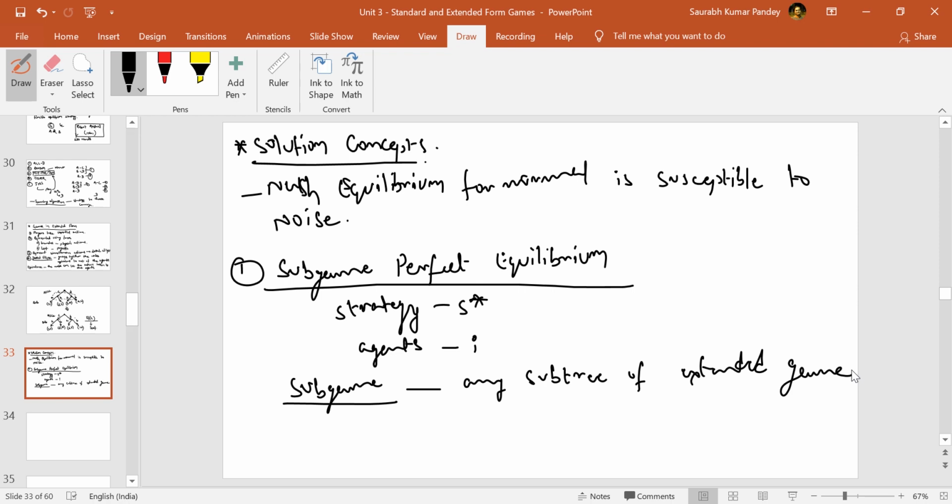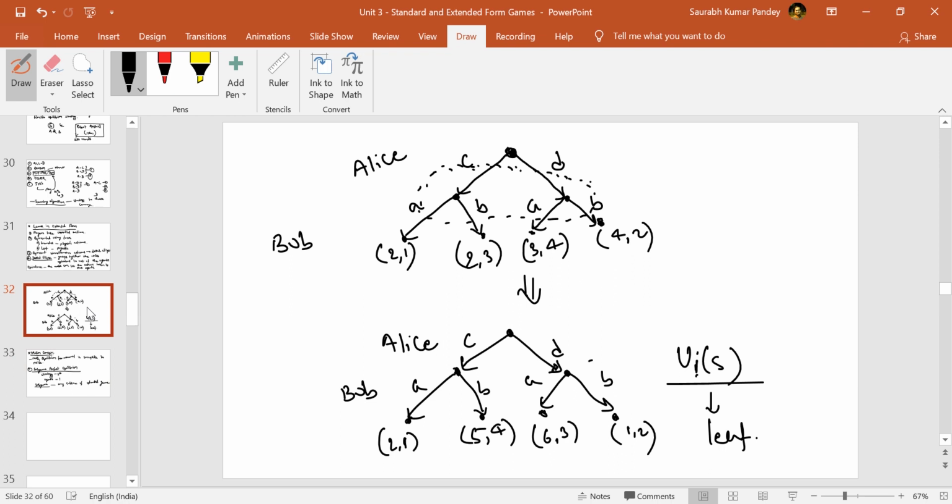So here, if I say how subgame perfect equilibrium can be achieved for this particular figure, we can say that Alice is playing C and Bob is playing B. Fine.